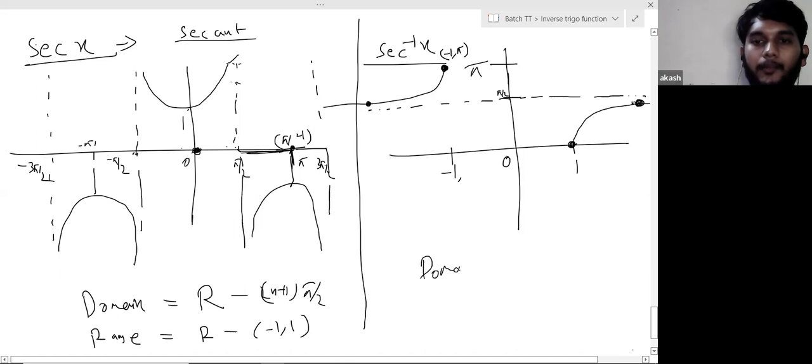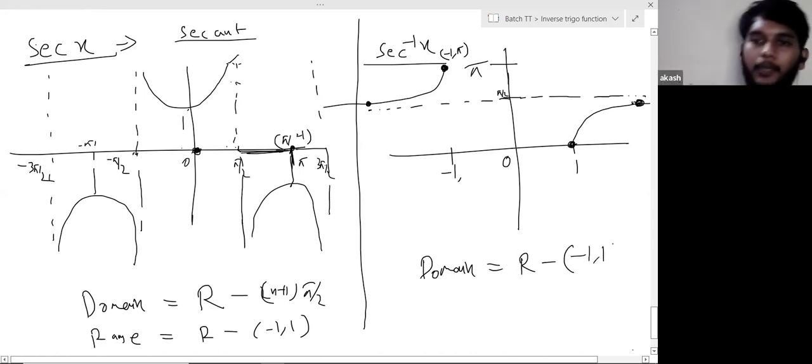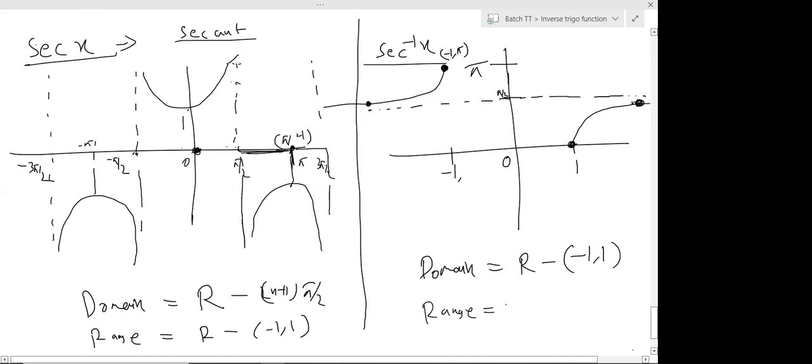Again, domain here will be all the real values but minus 1 to 1. And range, it will be all the real values except, no, not all the real values.